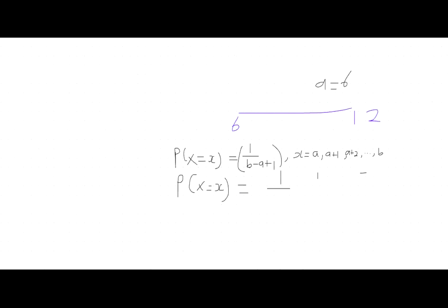So that becomes 12 minus 6 plus 1, and that will become 1 over 7. I believe I'm correct.